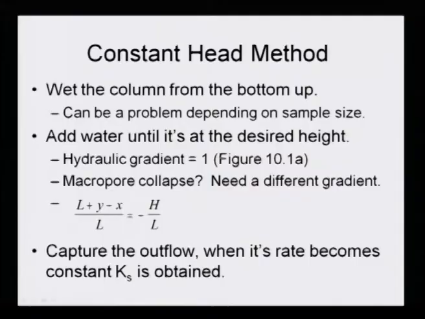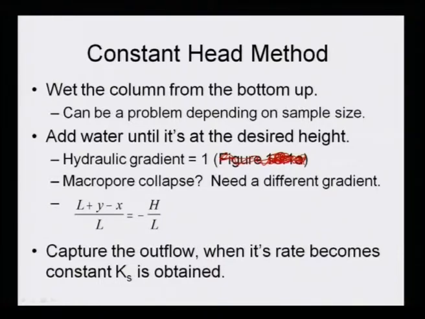So, the next part is the constant head method to determine the coefficient of permeability. As I said last class, there are two methods: one is the constant head method, the other is the variable head method. In this method you add water and collect it at the outflow when the rate becomes constant. How do you know that?